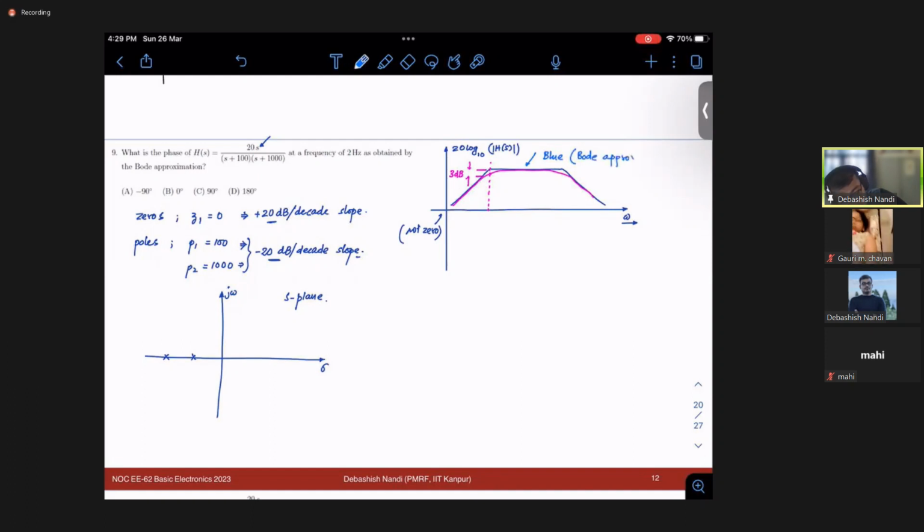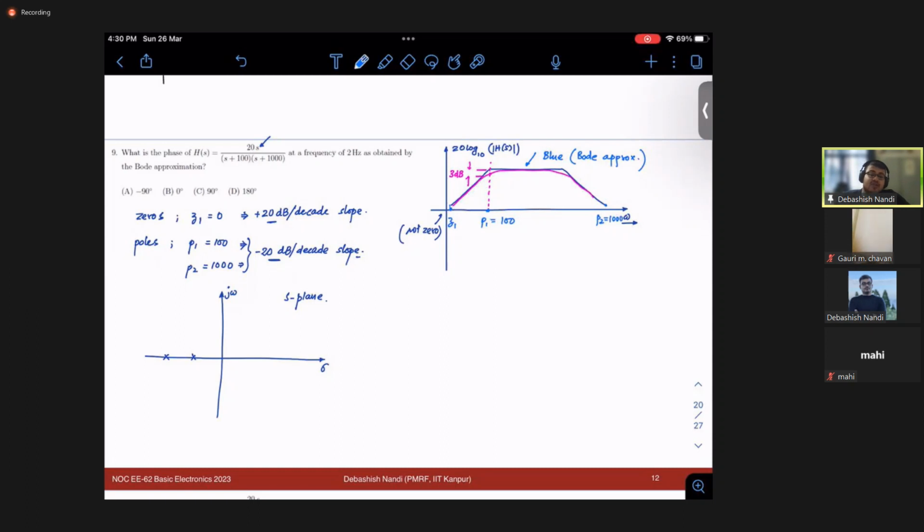Under Bode approximation, this is your zero at s equal to zero, there is your Z1. This is your P1 equal to 100 and your P2 equal to 1000, right?